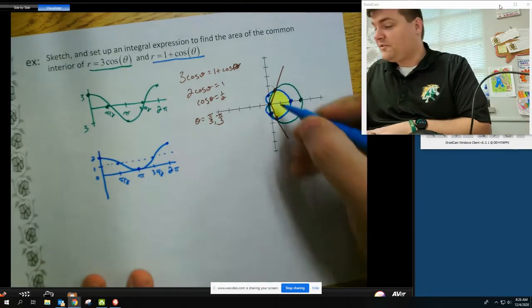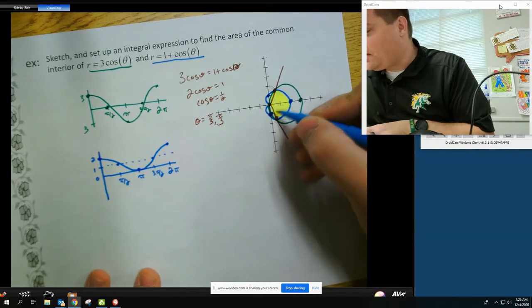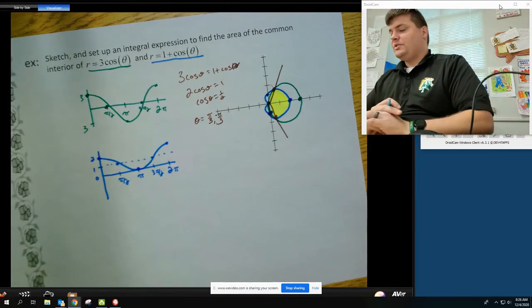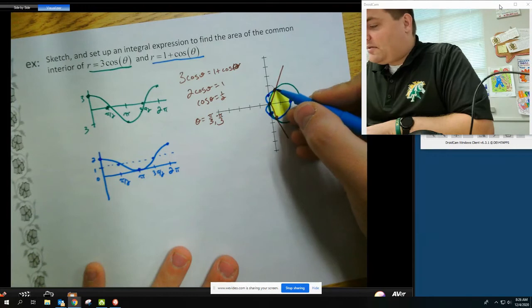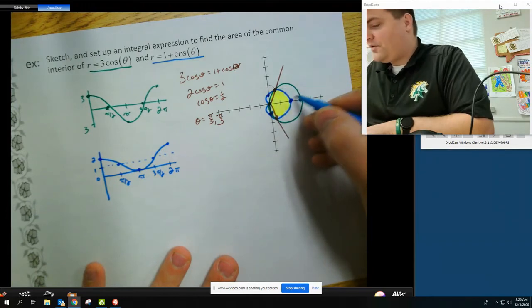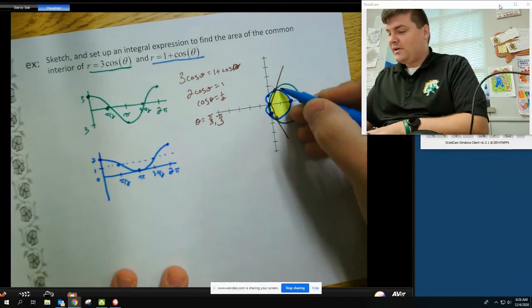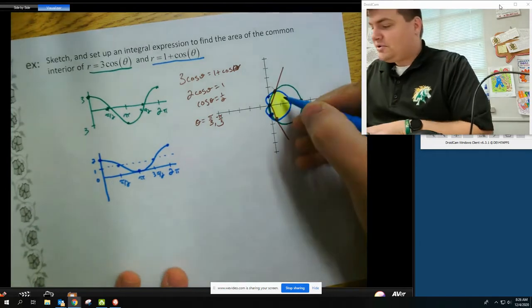For the yellow, you notice there's a little yellow sliver here and a little yellow sliver right there. We have to account for those. So what's going to end up happening here is the interior intersection of green and blue. It's not what's in between them. It's not green minus blue. It's actually just blue.